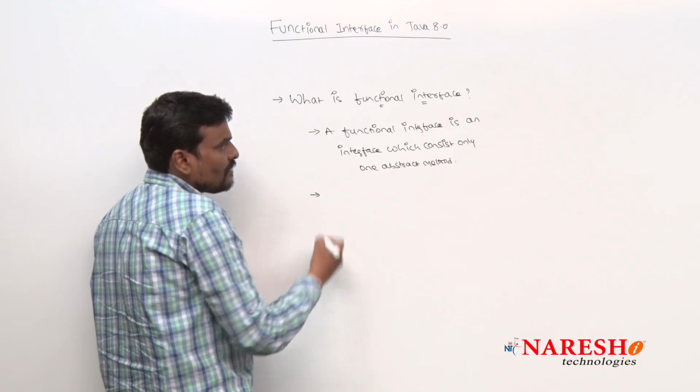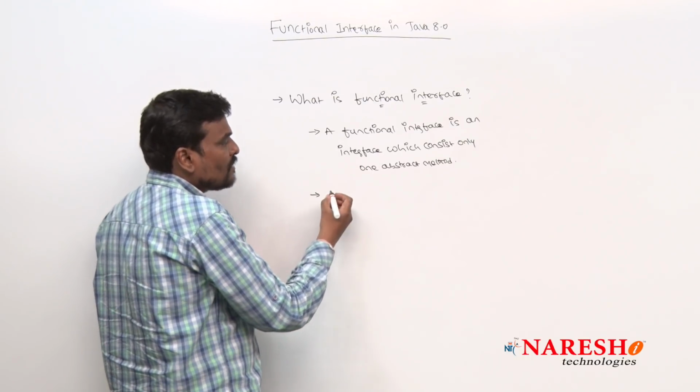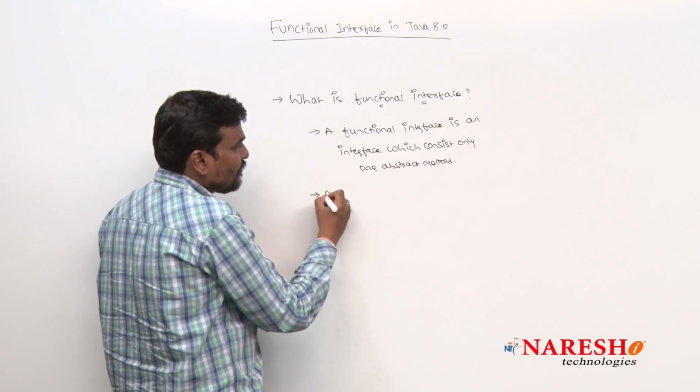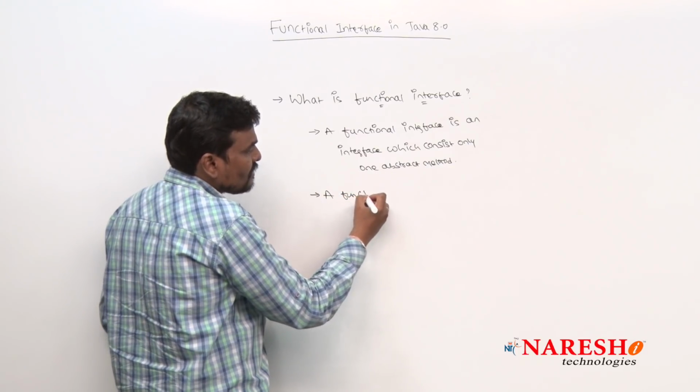And a functional interface can have any number of default methods, but it can have only one abstract method. So this is the definition of a functional interface.